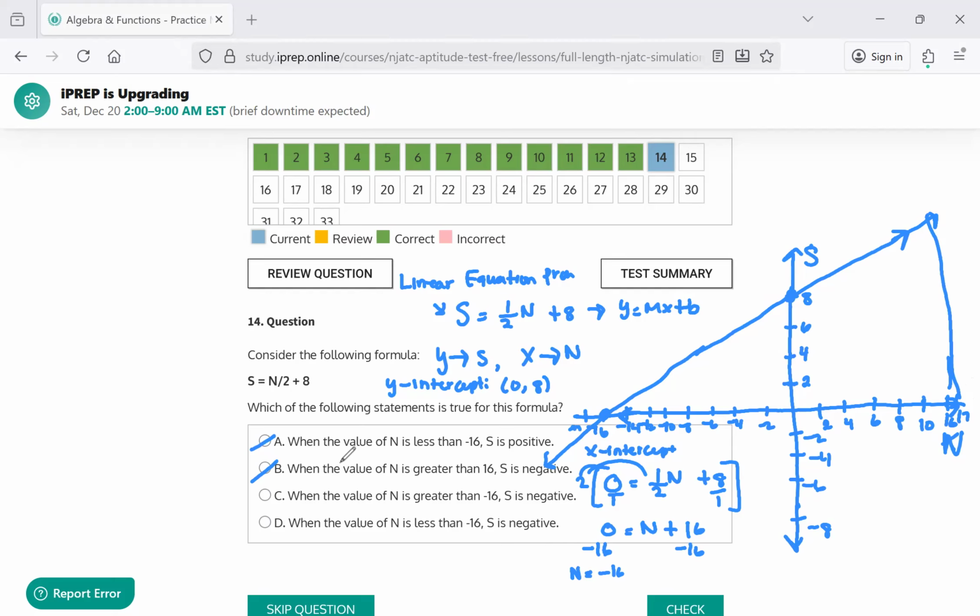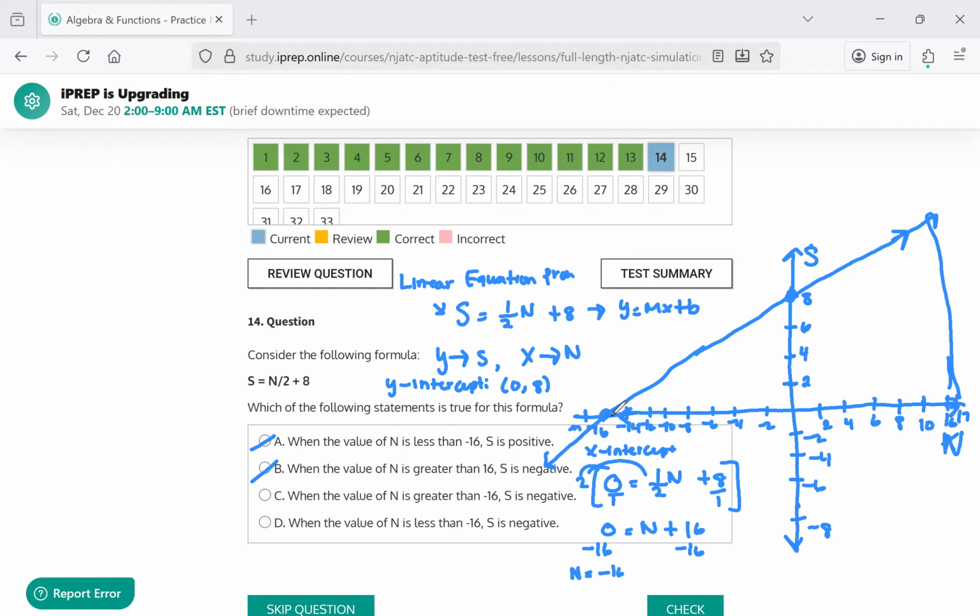When the value of n is greater than -16. So here's -16, something larger, so maybe -15, -14. S is negative? That's not always true. No, that's actually positive, right?